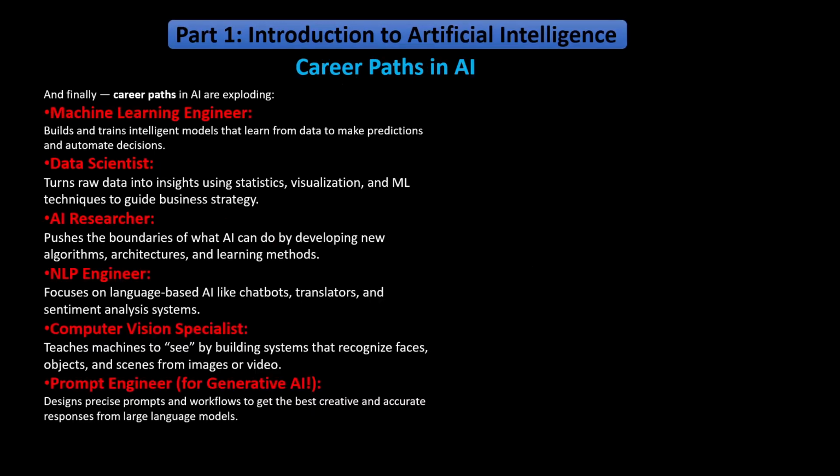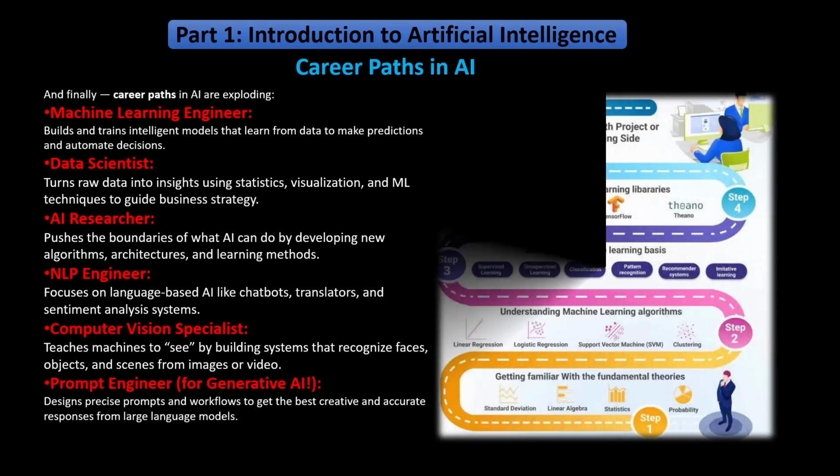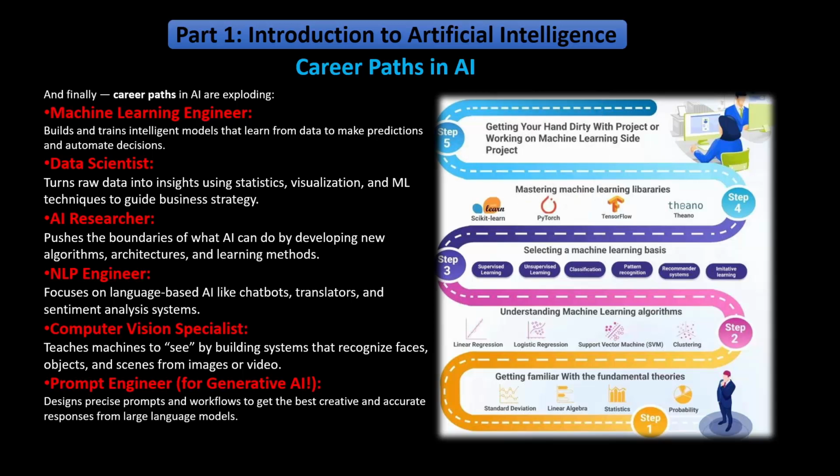Okay. So now let's discuss the most important part, career paths in AI for beginners. Machine learning engineer. A machine learning engineer builds and trains intelligent models that learn from data to make predictions and automate decisions. Big companies and software houses really need machine learning engineers. Then data scientists.